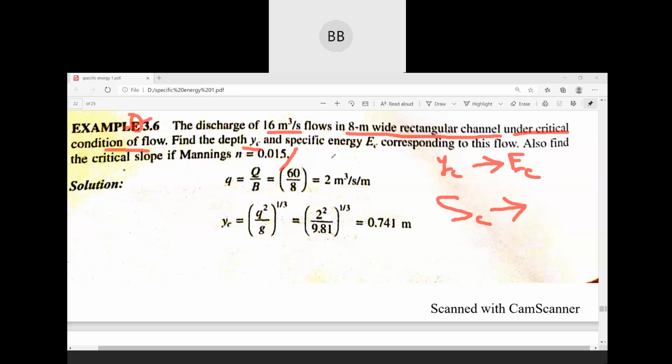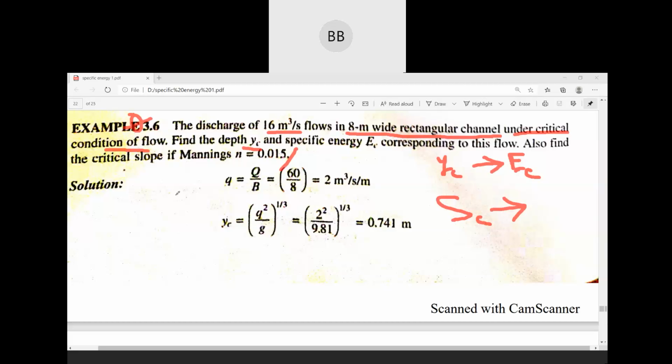Why I'm saying using Manning's equation, because the Manning's n is given, 0.015. We have to use Manning's equation to find out the critical slope. But before that, we need to find out the YC value. Then we need to find out the minimum specific energy, or you can say the specific energy corresponding to your critical depth.